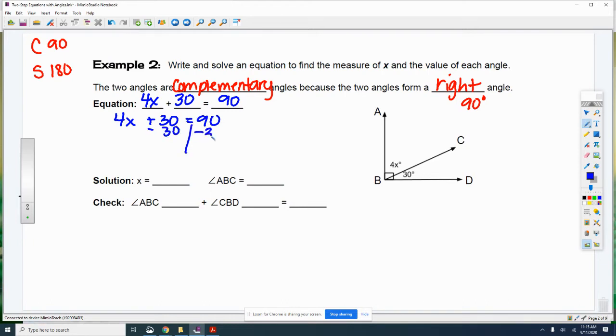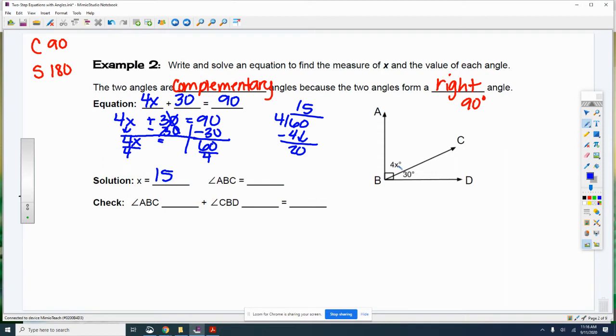Minus 30, which is 60, divide both sides by 4. Okay, so my value of x is 15.